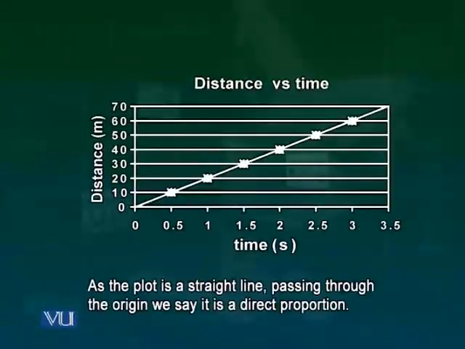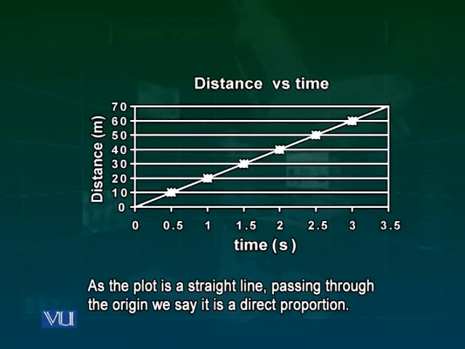First, we write on the left-hand side along the y direction the quantity which is represented along that axis. Now, if we are representing distance along the y-axis, we would write distance in centimeters. In this case, it is meters. So distance is measured in meters, and we write that quantity like I'm showing you on the screen.